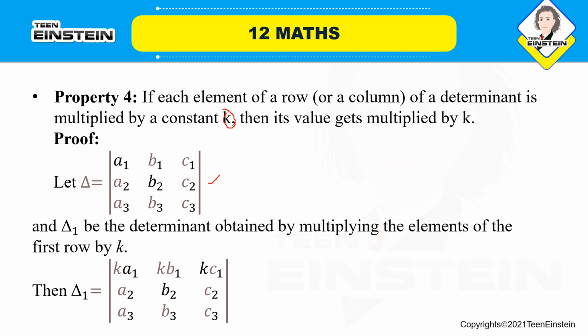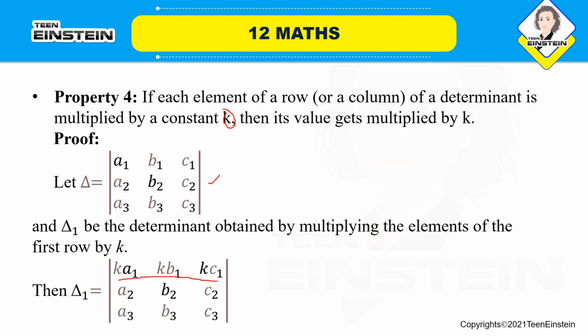So I have to find a new determinant in which the values of any row or any column are multiplied by a constant k. I am writing the new determinant delta 1. In delta 1, the new first row is KA1, KB1, KC1.